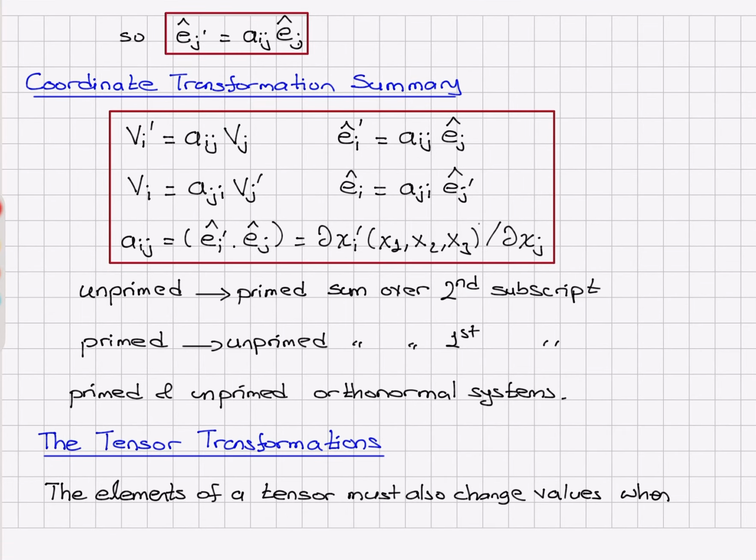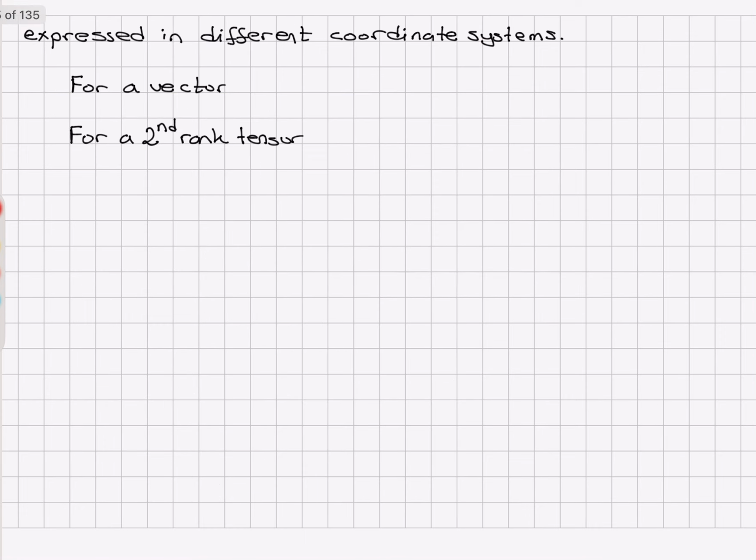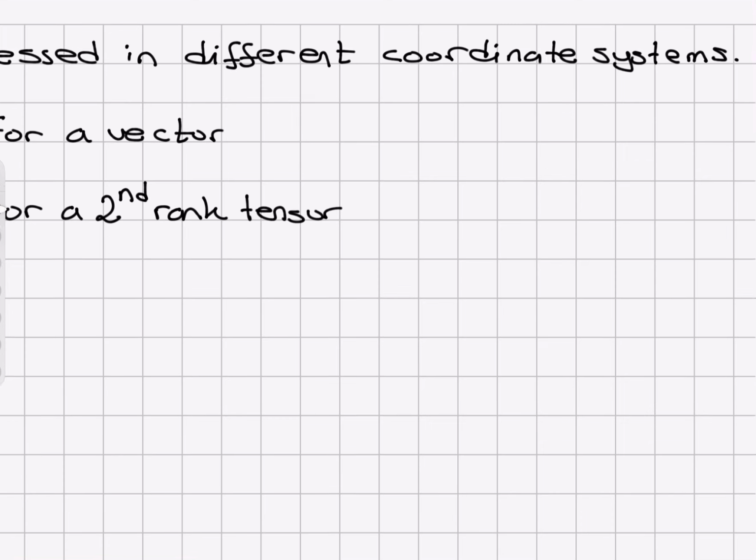The tensor transformations. Now we're going to talk about how the elements of a tensor must be transformed when we change coordinate systems. For a vector v, we can write in a primed and unprimed coordinate system, vector v is equal to, in the unprimed coordinate system, v_i e_i hat, and in the primed coordinate system, v_i prime e_i prime hat.